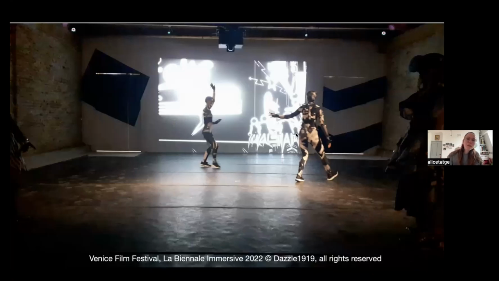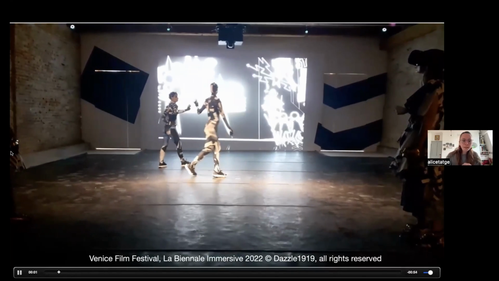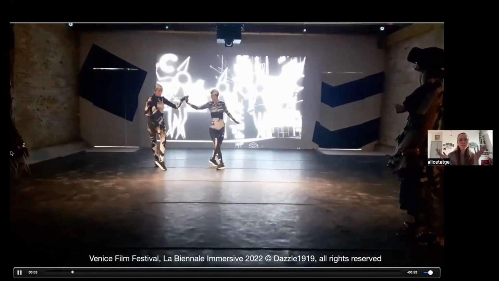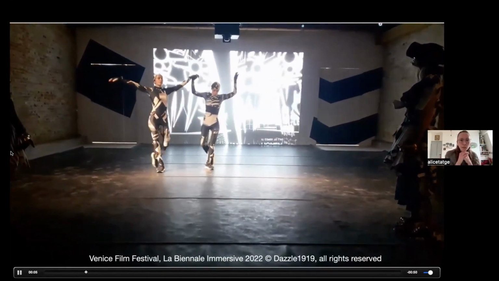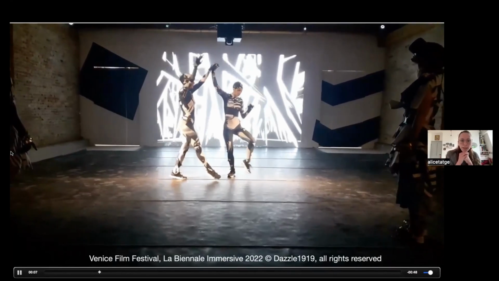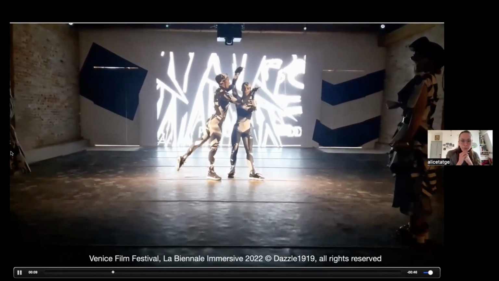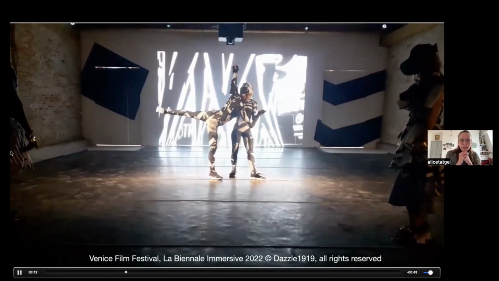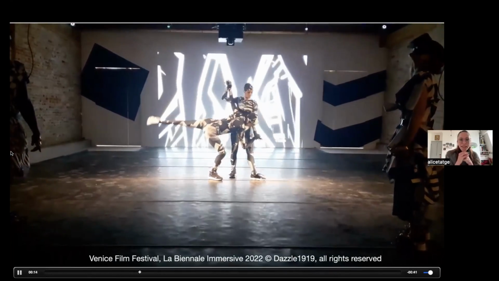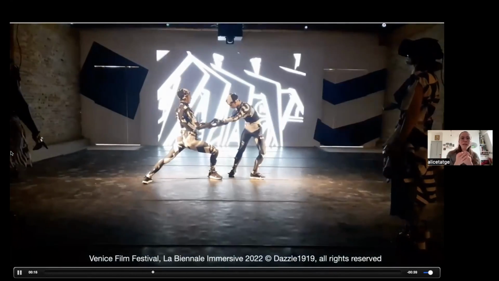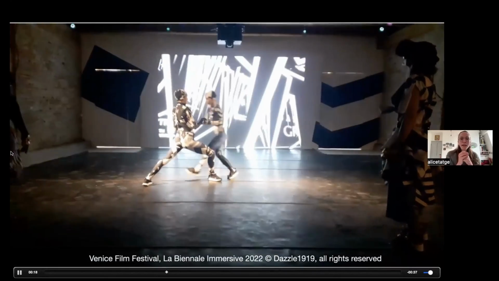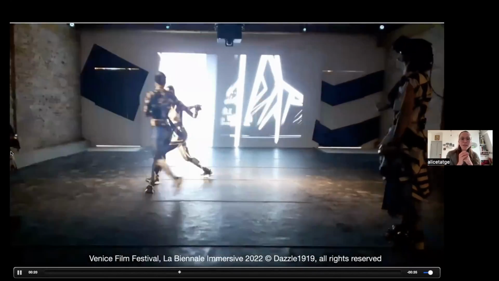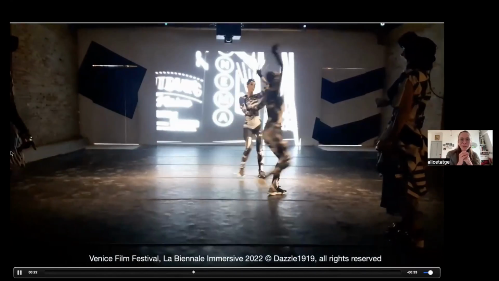This is an example of working in duo and the same work, which is Dazzle. This was at the Venice Film Festival for the Biennale Immersive. So they had a section dedicated to VR immersive experiences. So I think here it goes back to that reference to Cunningham's work and why clarity of lines really is satisfying to work with.